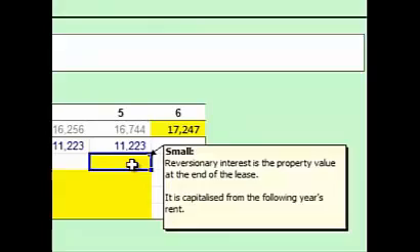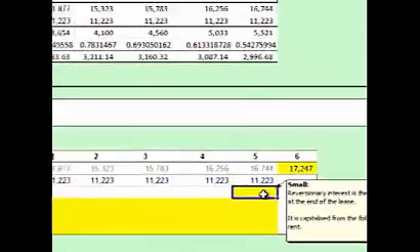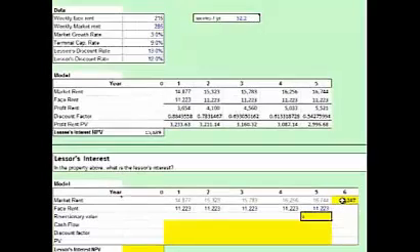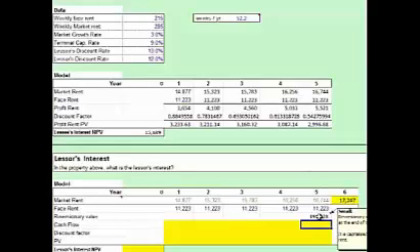We've got the reversionary value. What we're going to do here is capitalize the property's value from the following year of income. And we do that by taking the year following the last year of the lease, and we capitalise it by using the terminal cap rate, which is given at 9%.